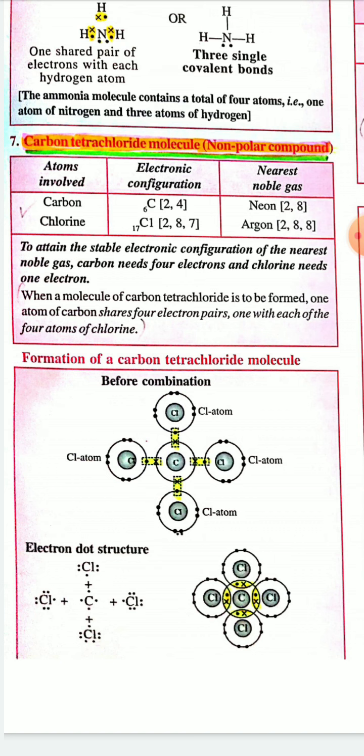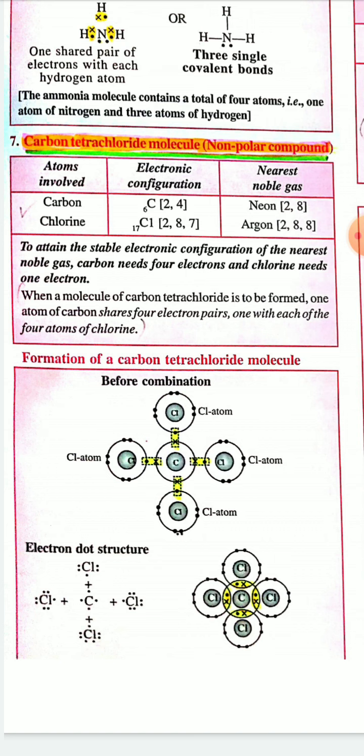Okay, and here in this box it is showing how the electrons are shared between the atoms before combination of carbon and chlorine atoms, and you can show the covalent bond present in carbon tetrachloride with the help of the electron dot structure.